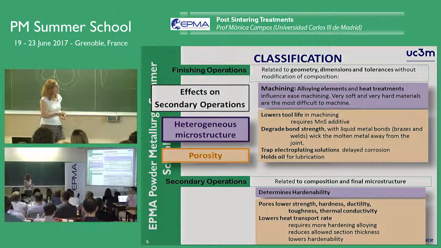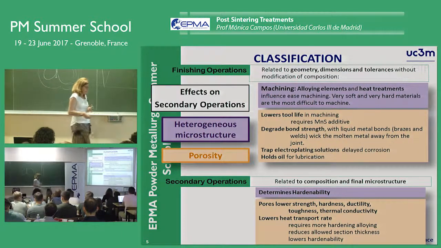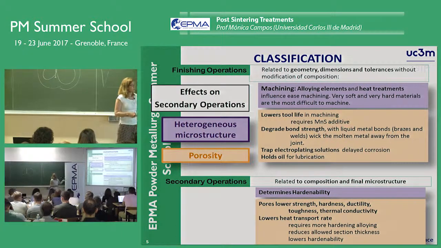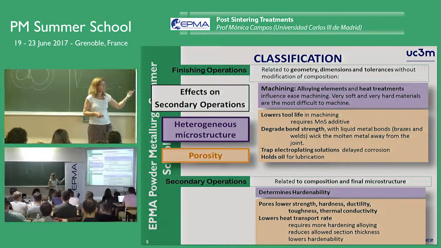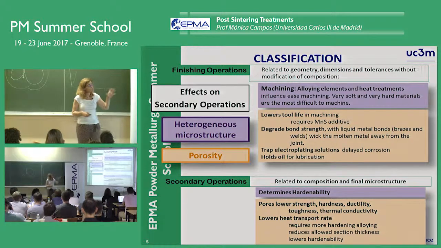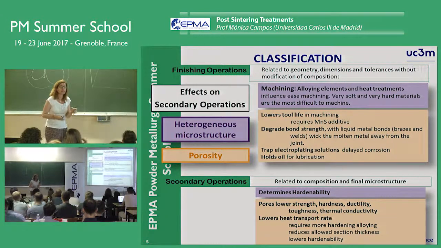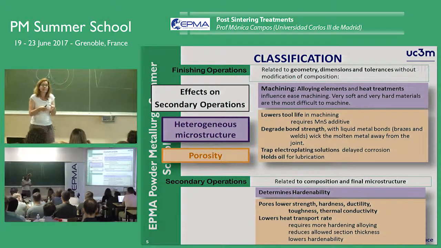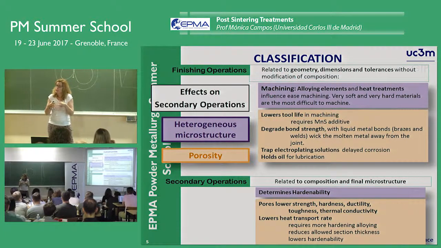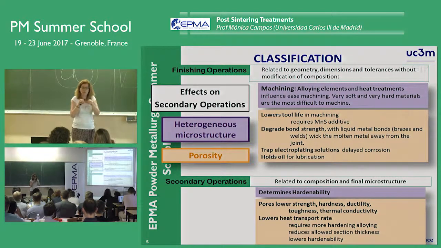If we consider the porosity, related to the properties that we have when we want to determine the microstructure, the pores always lower the strength, the hardness, the ductility, the toughness, etc. But also lower the heat transport. That means that we are going to decrease the ability of this component to form martensitic microstructure or bainitic microstructure, because we have like insulators inside our microstructure.